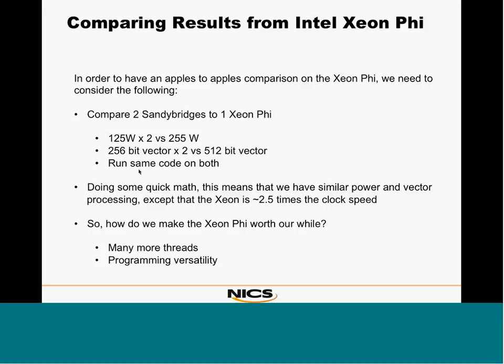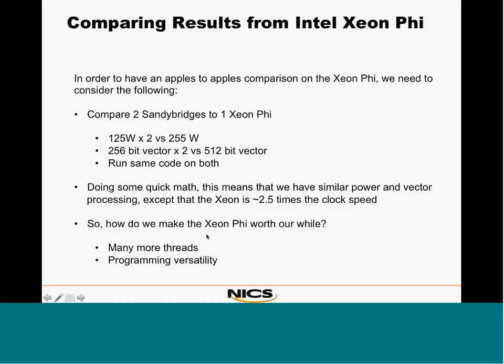You have smaller vector units, so to really be fair, you got to compare against two Sandy Bridges and one Xeon Phi. It's really just attempting to give the Sandy Bridge and the Xeon Phi, I should say, as equal footing as possible to start with, and see if you're really taking advantage of the threading and the vectorization really makes the Phi powerful.